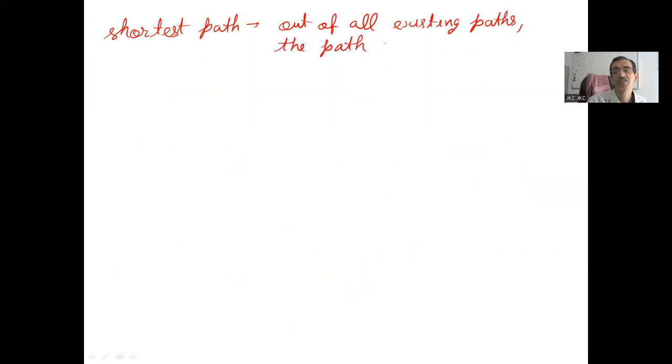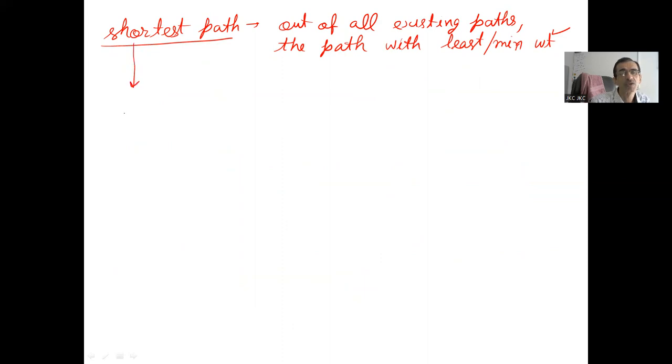The shortest path means out of all possible paths, or out of all existing paths, the path with the least, minimum weight is the shortest. This is what I want to find out. Shortest path has a lot of applications, and Google Map definitely uses this.